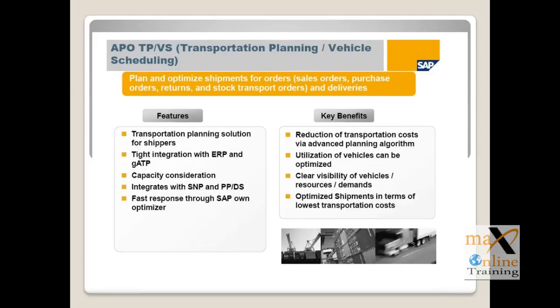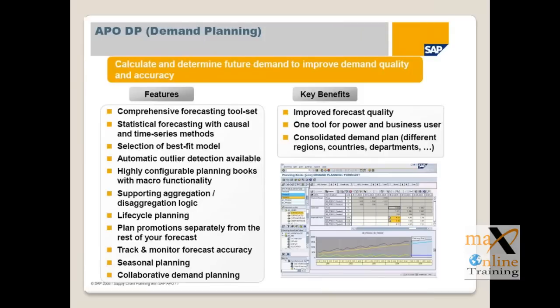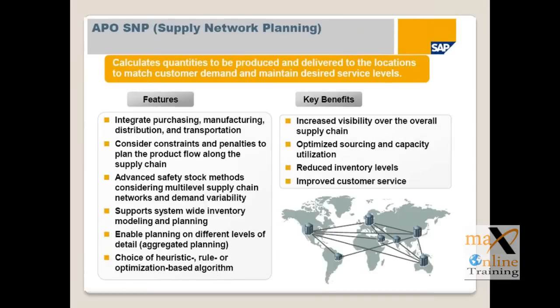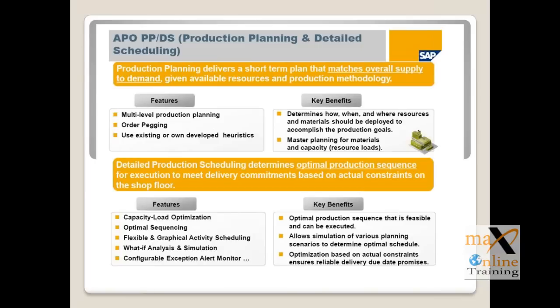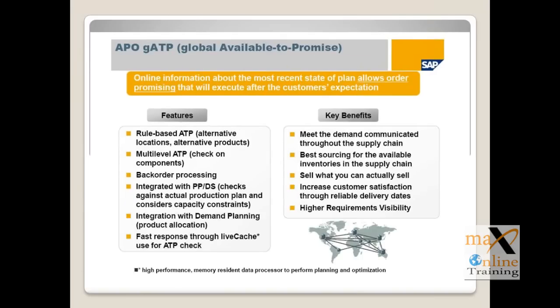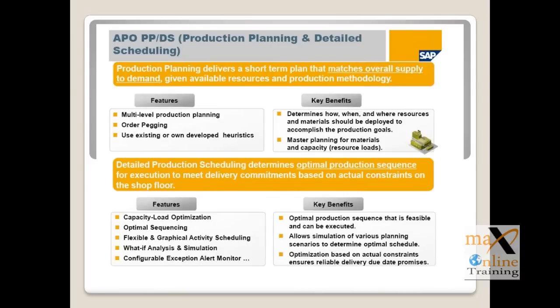And most of the companies that have implemented SAP, we can see mostly DP, SNP, and most of the companies are running DP and SNP now. And the next priority is the PPDS, and very rare companies have implemented the GATP and the TPVS. So that is the reason we are focusing more on these three.